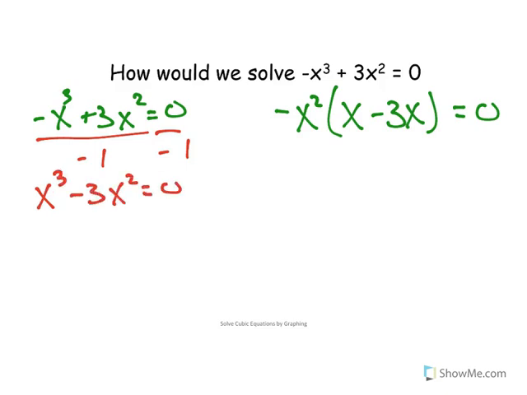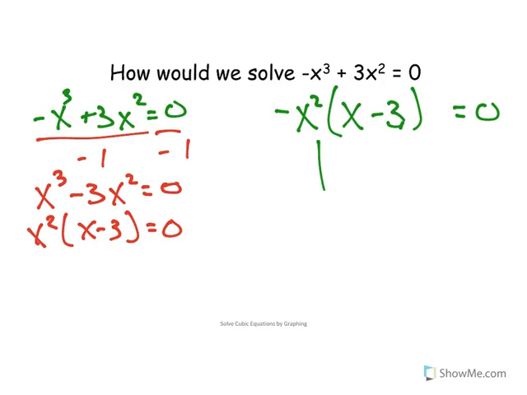Now we're looking at this. Now we factor out x squared. And let's take a look at what the other one would look like. Let's go back here. So this should be x squared times x minus 3, versus negative x squared times x minus 3. So let's take a look.